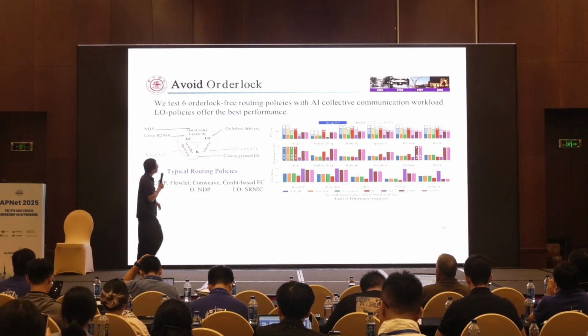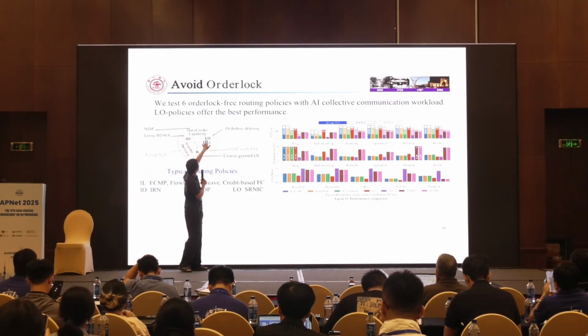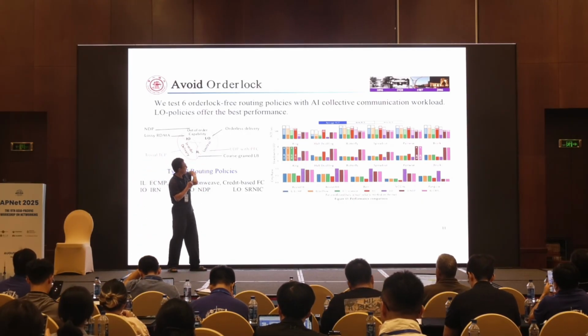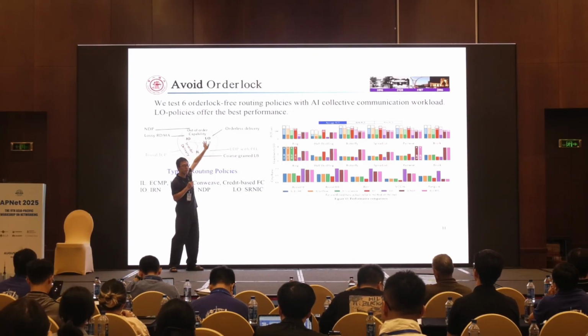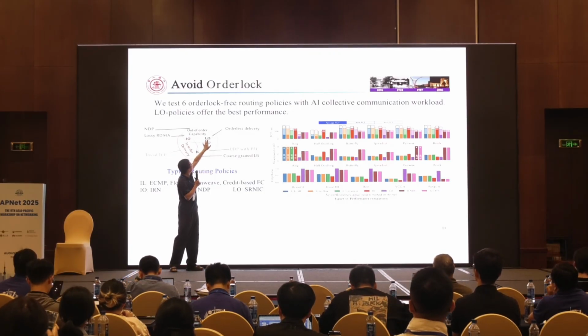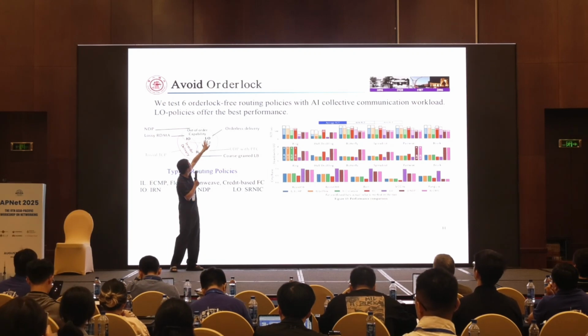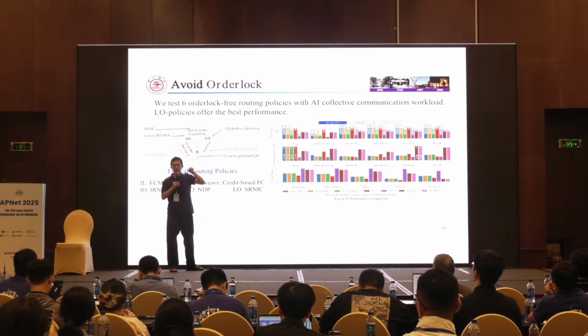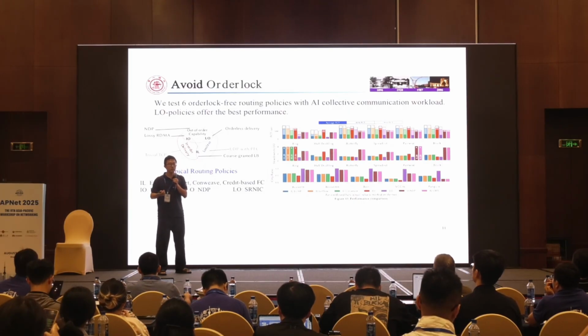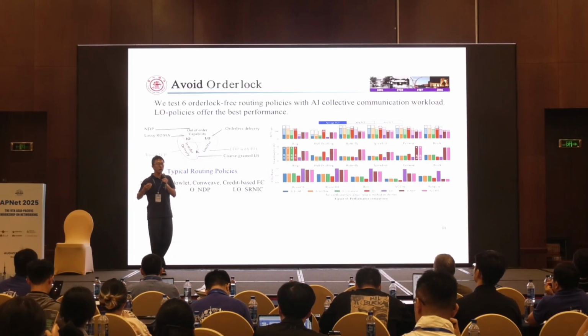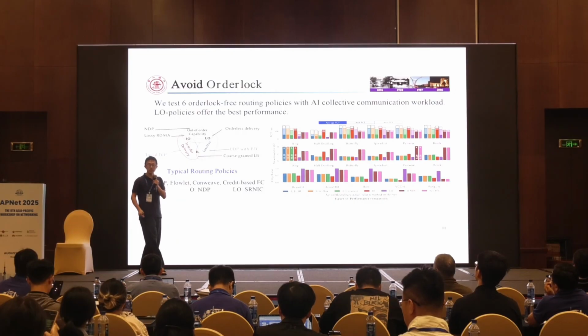And another interesting thing is this LO. In the network, you want the network to be lossless, and you also want packet spray, but you drop I, in-order delivery, meaning that you don't do the reordering at the receiver side. You just leave the reordering to the application.